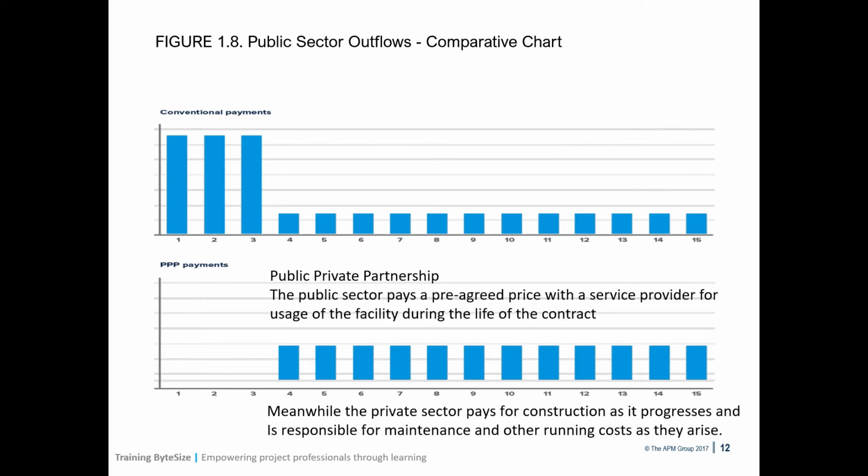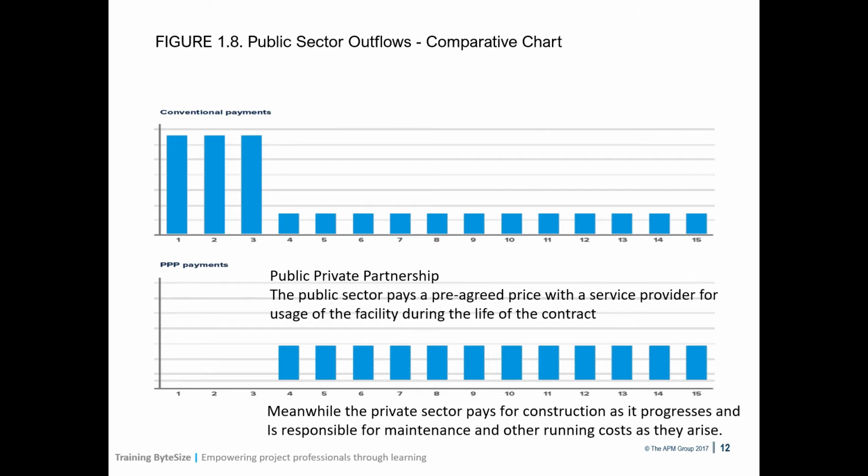Under a public-private partnership, the public sector pays a pre-agreed price with a service provider for usage of the facility during the life of the contract, and only when the services commence. Meanwhile, the private sector pays for construction as it progresses and is responsible for maintenance and other running costs as they arise.